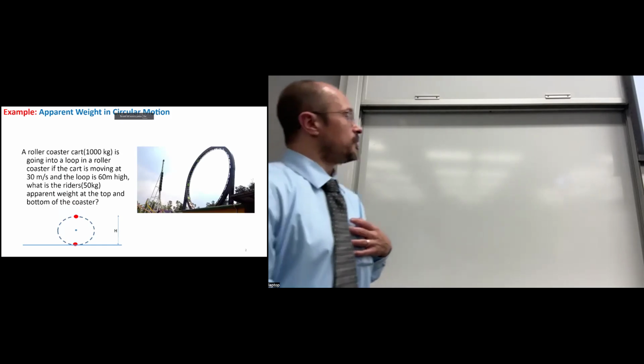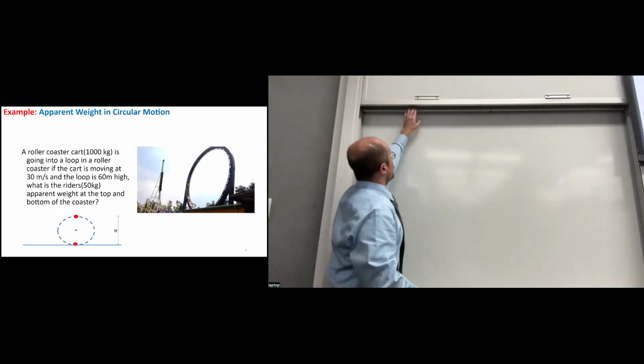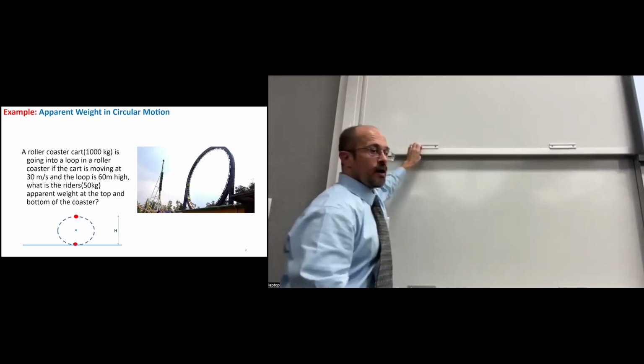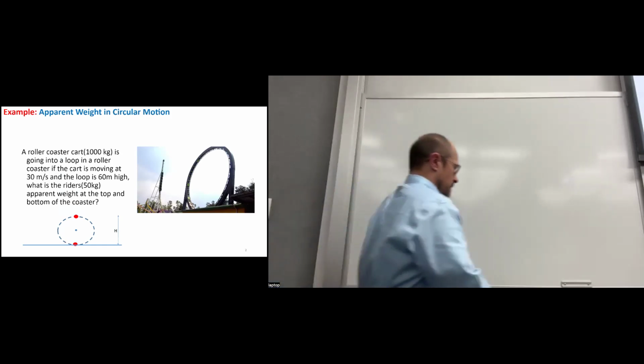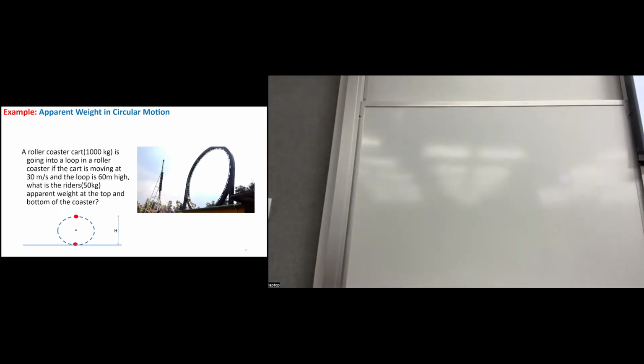So we want to talk about this stuff today. We're just going to jump in and do a problem involving a roller coaster, because roller coasters go in circles, some of them. Even a teardrop is still partial circle.